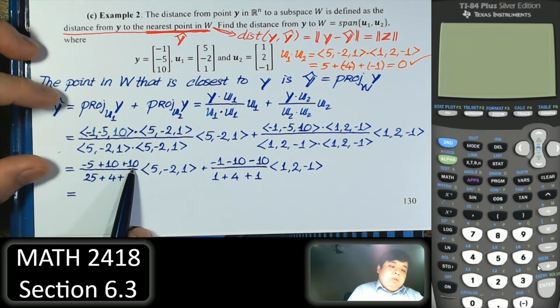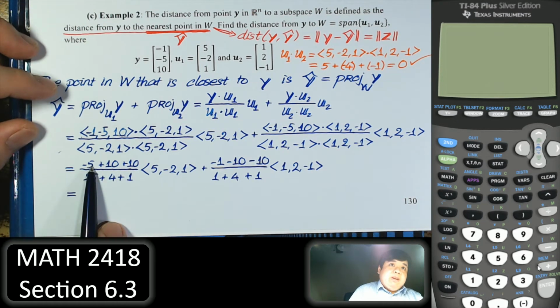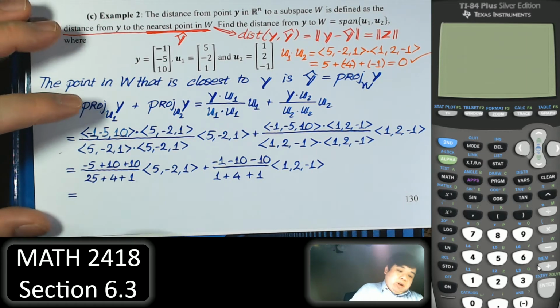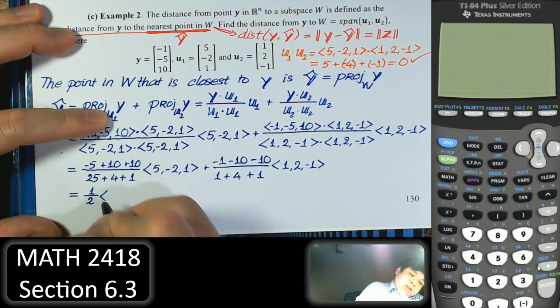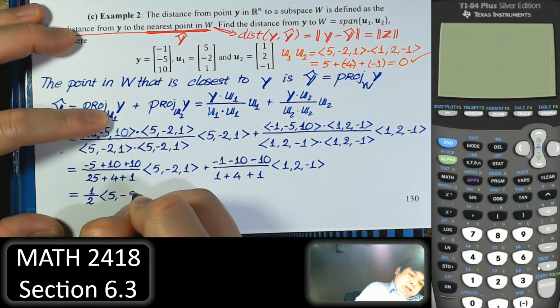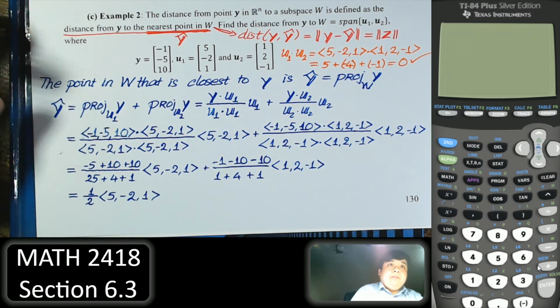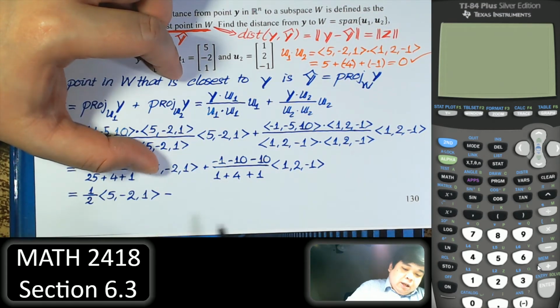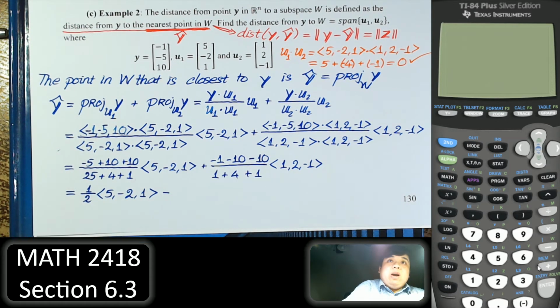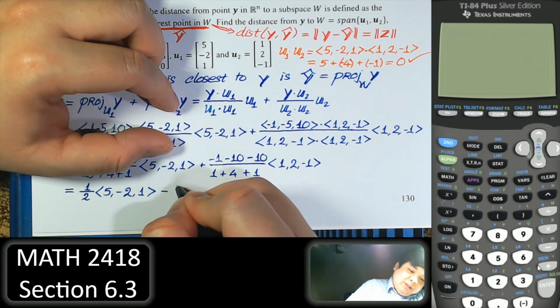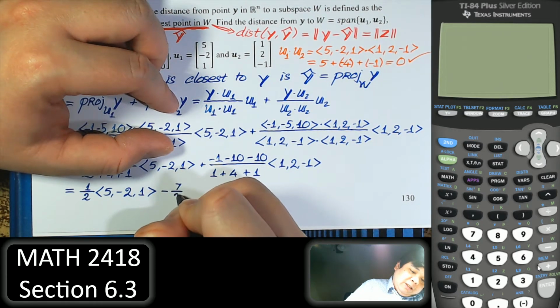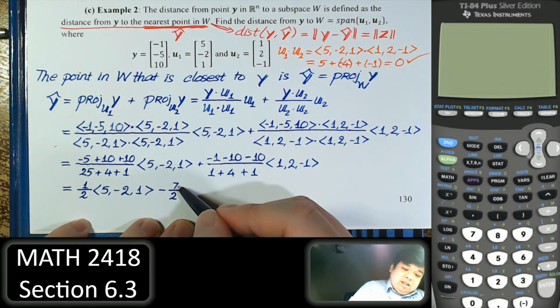Right, so 10 and 10, 20 minus 5, 15 over 20, that's 1/2. And now negative 10, negative 1, that's negative 21. Negative 21 divided by 6, 2 and 3 cancel, that's 7/2. Yeah, 21 over 6.